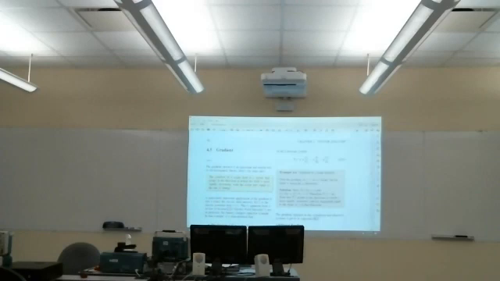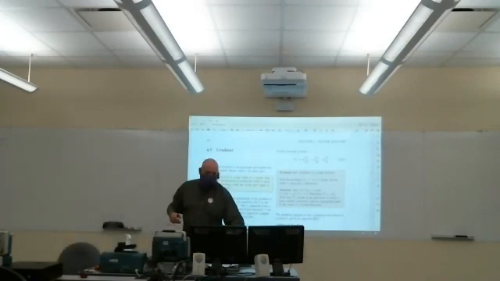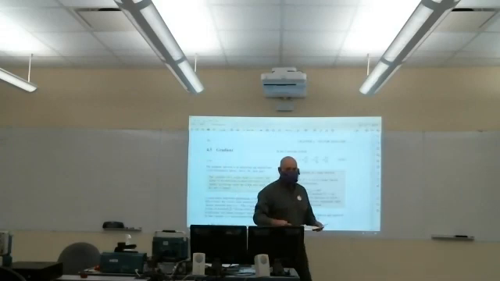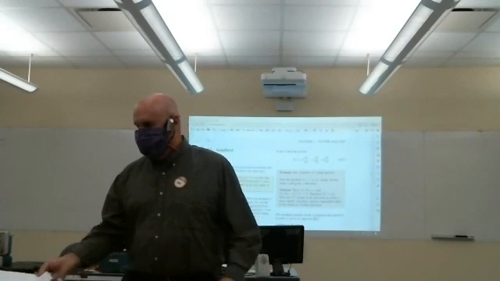So the first section is on the gradient, and the gradient is an operation that you do on a scalar field, and it produces a vector field.